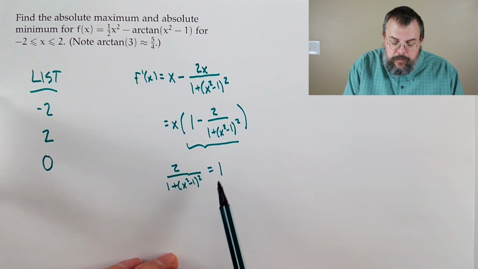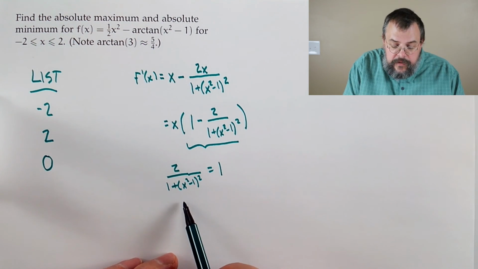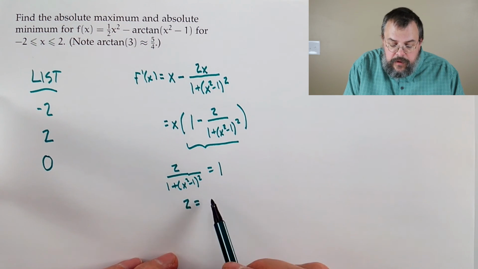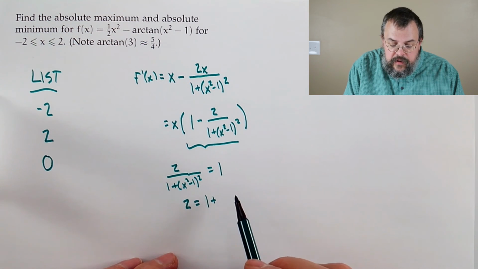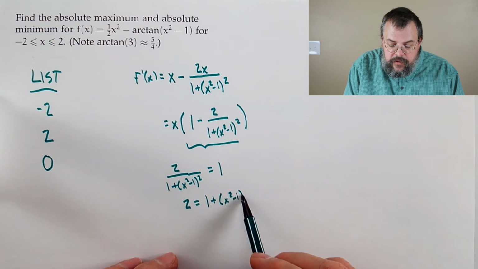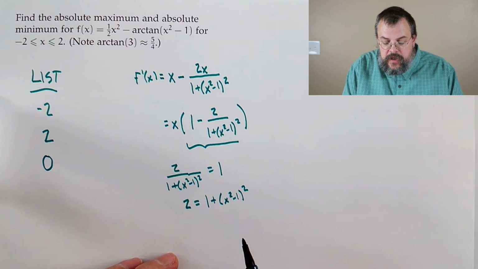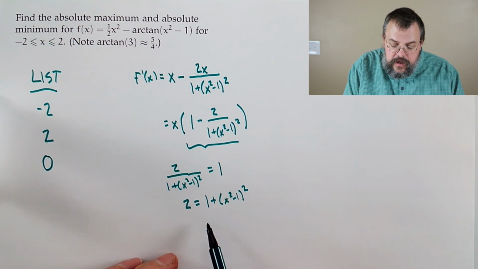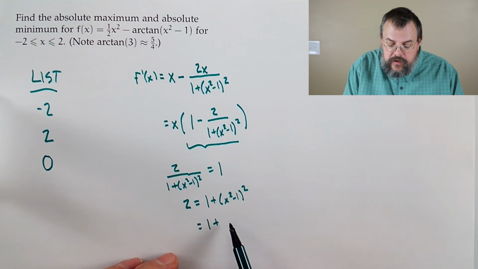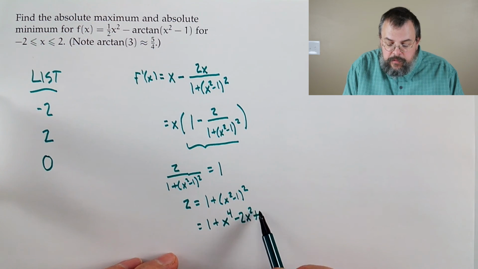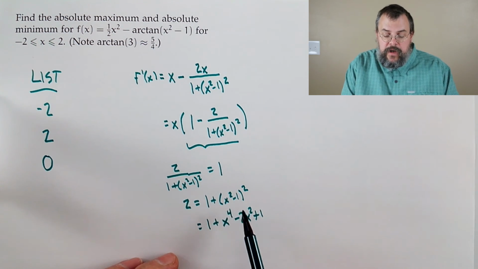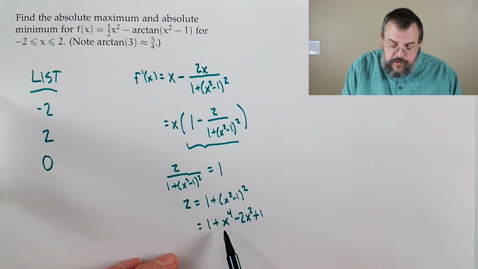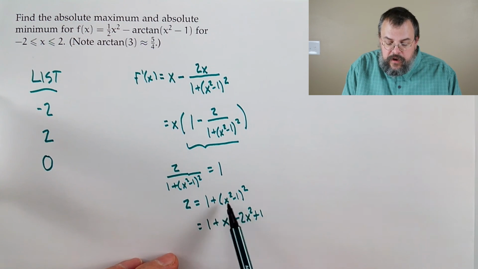So if we multiply through, we'll have 2 has to equal 1 plus x squared minus 1 squared. And that's really 1 plus x to the 4th minus 2x squared plus 1, because we can square out x squared minus 1 squared. You square the first term, minus 2 times the cross, so that's minus 2x squared, plus 1.